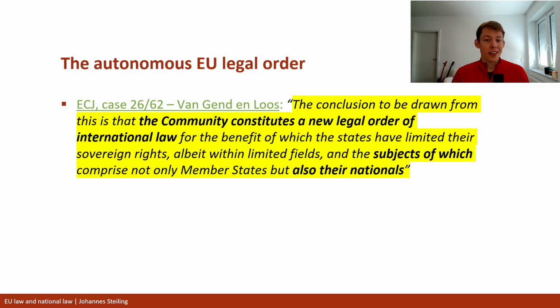So if you say that we have a very powerful EU legal order which can directly influence citizens and which is autonomous, then obviously the ECJ is the final authority which says how EU law is applied and how it actually influences national legislation. So this is also important for the ECJ to give itself a lot of influence, right?